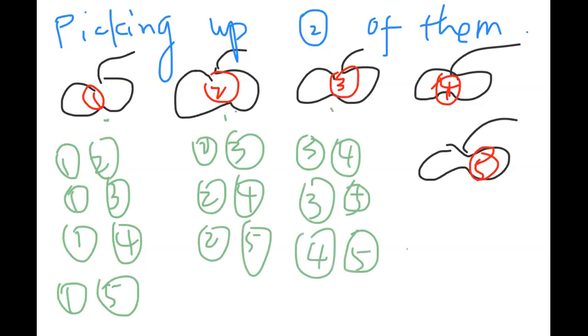There are no other ways without running into repetitions of solutions we already covered. So the total number of them is 1, 2, 3, 4, 5, 6, 7, 8, 9, 10. The total number of solutions is 10.